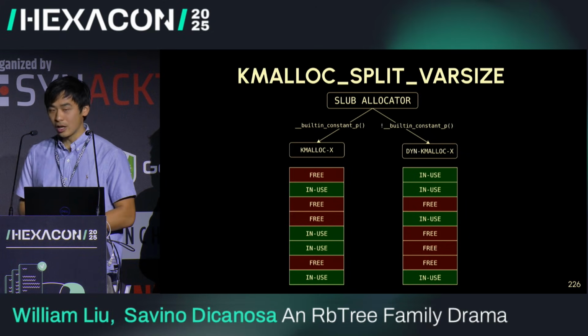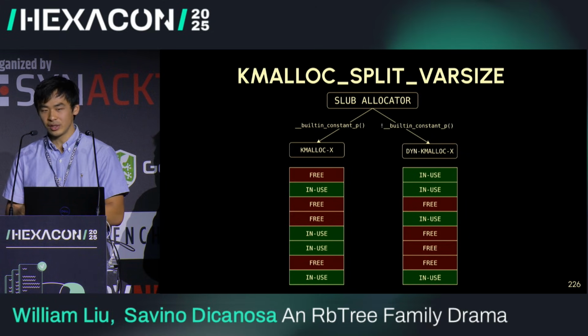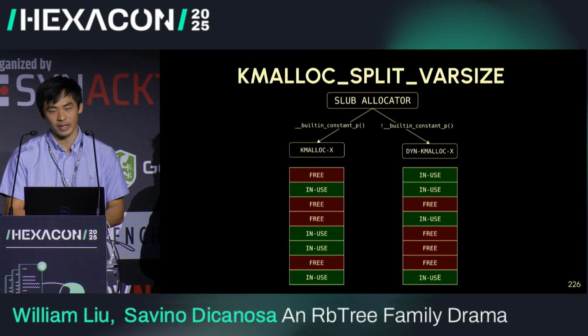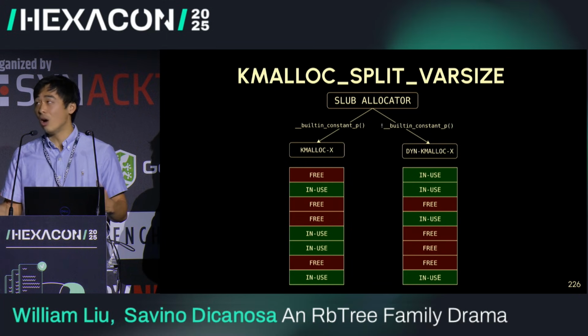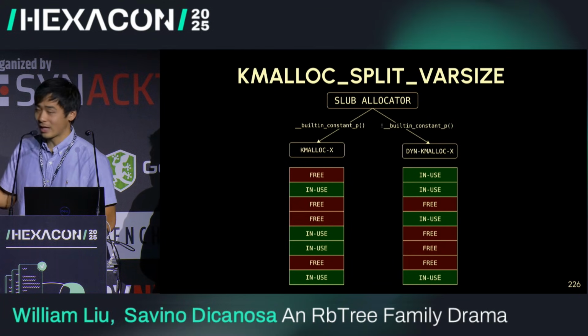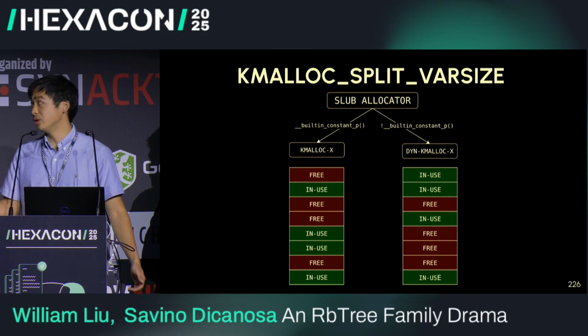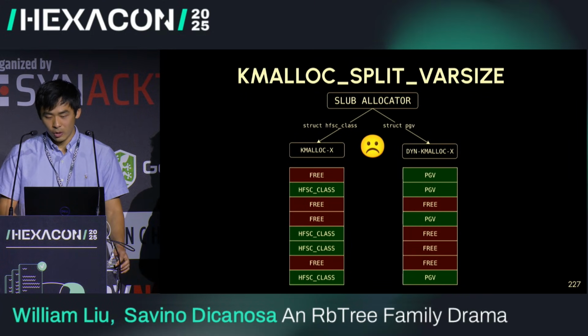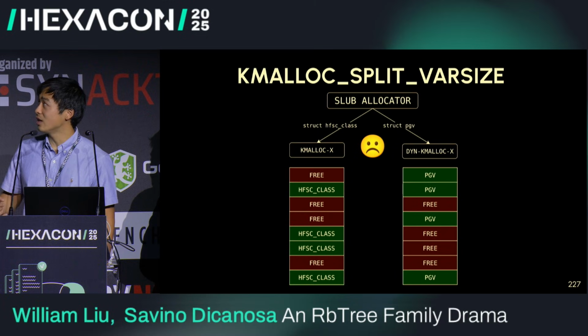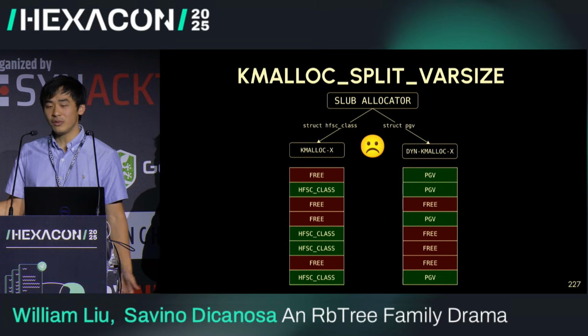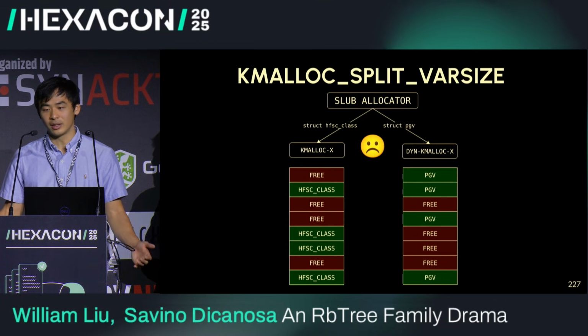So usually when you allocate an object of a certain size, it goes into a specific slab, let's call it kmalloc-X. But now, if it's of a constant size, it goes to kmalloc-X, and if it's of a non-constant size determined at runtime, it goes to dyn-kmalloc-X. Which is bad for us because the HFSC class goes to kmalloc-X, but PGV is of a runtime size, so it goes to dyn-kmalloc-X.